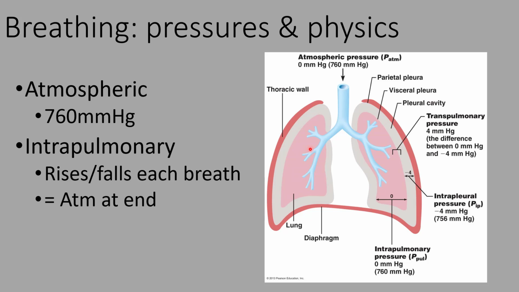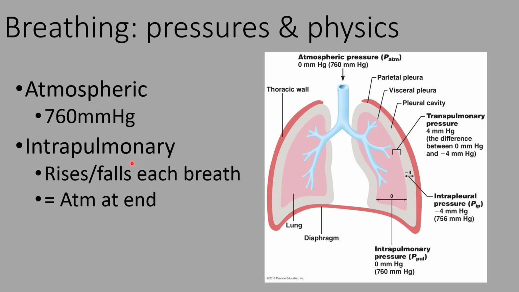Now, there are the branches of the bronchial tree, and there are the tissues that make up the walls of the alveoli and blood vessels, but in general, we can think of the lungs as hollow, so they're filled with air. That air pressure inside is called the intrapulmonary pressure. And again, this pressure is always going to be in mmHg.